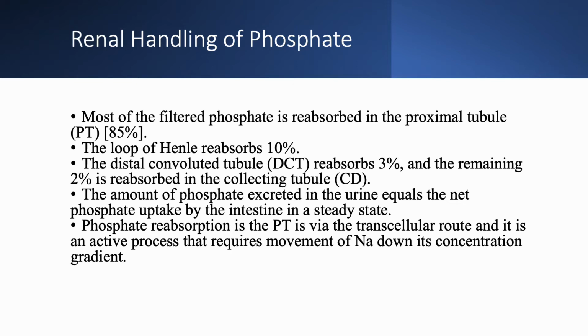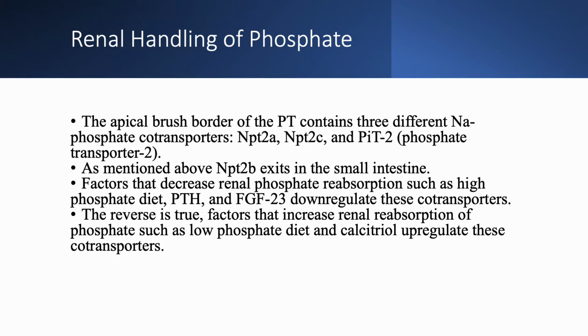Now, phosphate reabsorption in the proximal tubule is an active process. It happens via the transcellular route, and it requires the movement of sodium down its concentration gradient. How does that happen? The apical brush border of the proximal tubule contains 3 different phosphate cotransporters. Cotransporter because the transport happens with sodium and phosphate together.